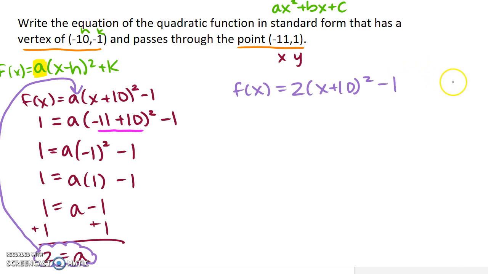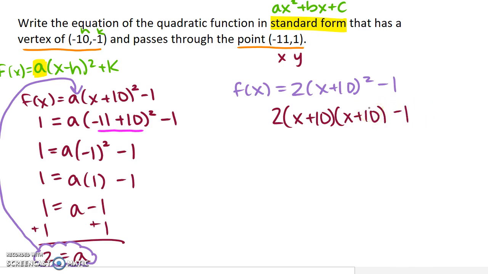We're off to a great start, but we need it to be in standard form. So in order to do that, we need to multiply this out first and simplify the whole thing. So what this is going to look like is 2, and since this is squared, what that means is you take your factor and you write it twice.